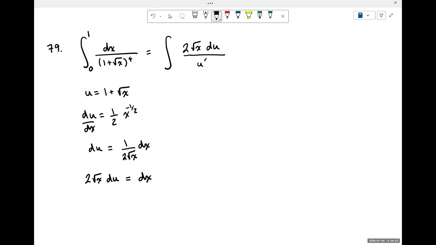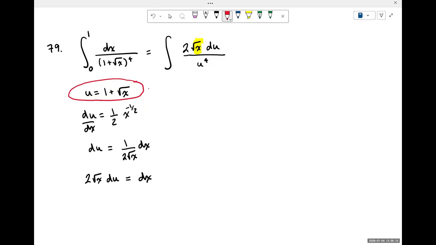Not u to the 4 in the bottom, but I've got a similar problem that I had in the previous one, where now I've got something I need to substitute for. So I have to substitute for that square root of x, but again, given the substitution that I found, I can substitute for it pretty easily, right?